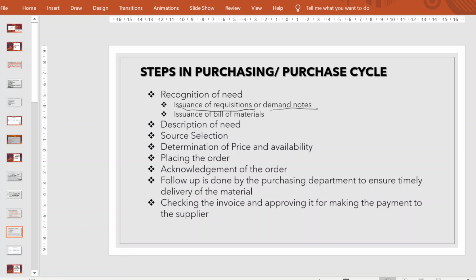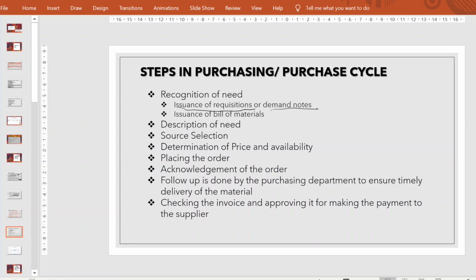Otherwise, it can be another way. The engineering department comes to know about a new material which is available. They order it from the market on a trial basis. Once they get the bill of materials, and find that the specification which they need is correct, they can give the bill of materials to the purchasing department for the procurement of materials in large quantity in the future coming years.